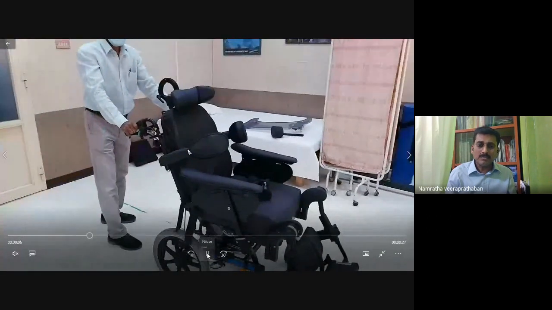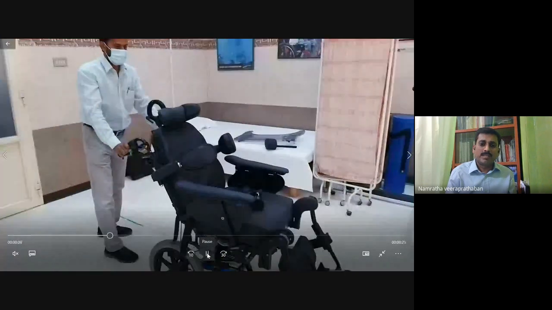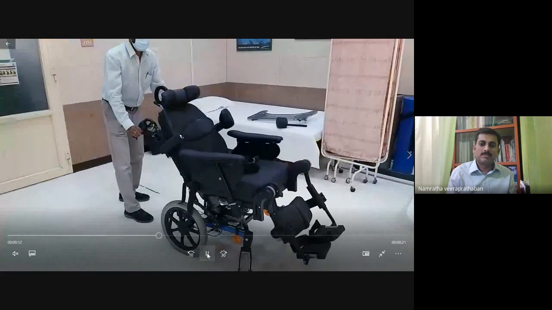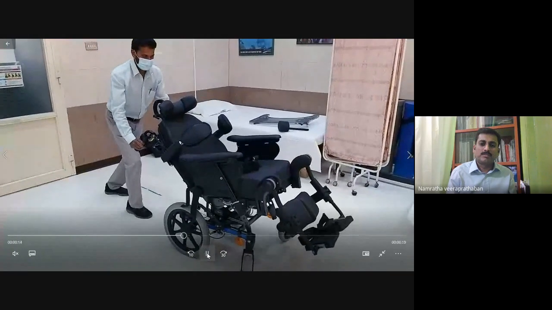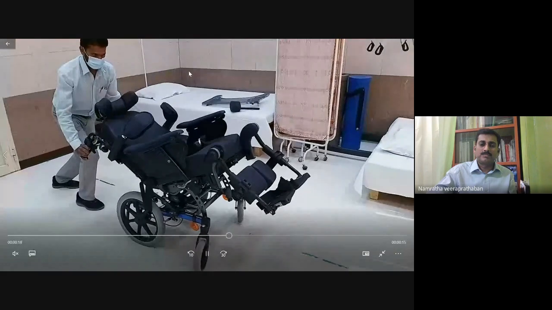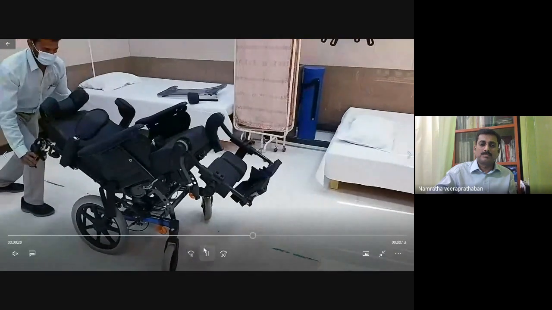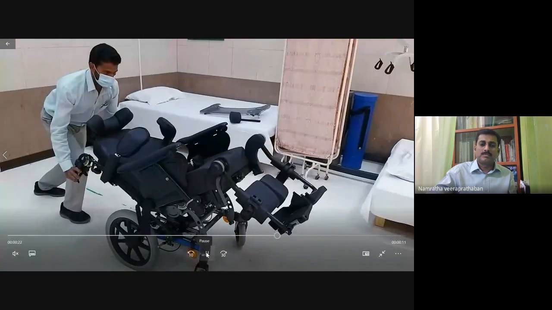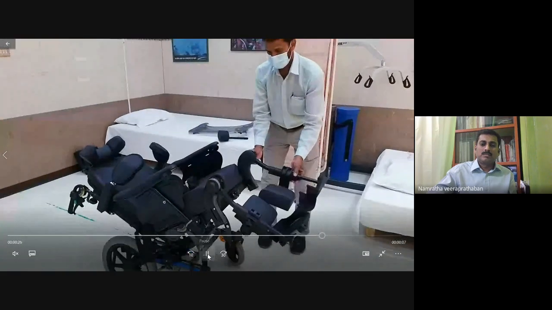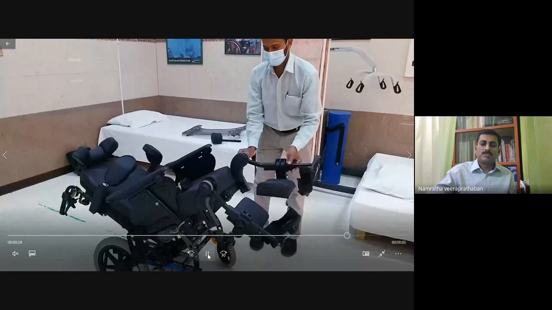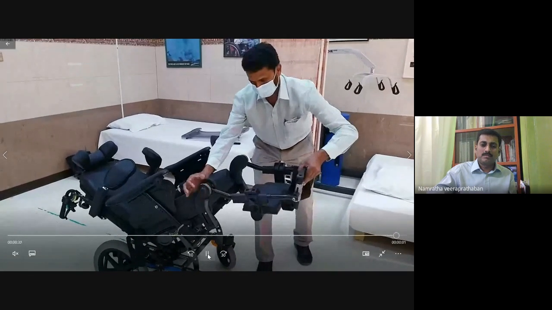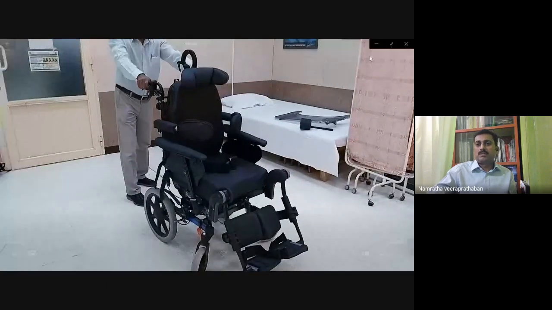It has both dynamic recline as well as dynamic tilt in space option. See, both together are possible, and along with this they have elevating hangers also. You can see the elevating angles. You can bring it to 180 degrees.